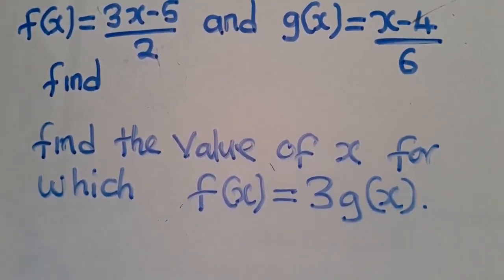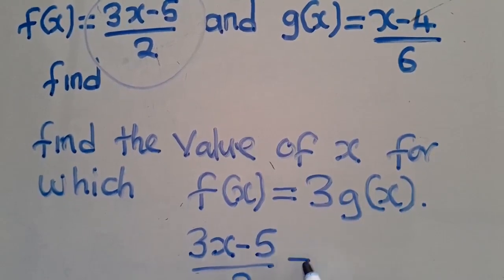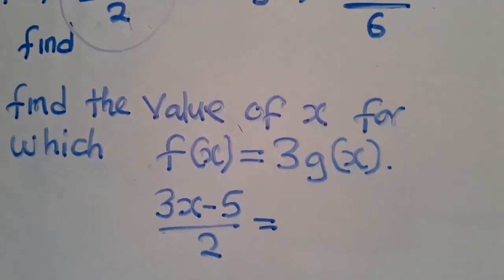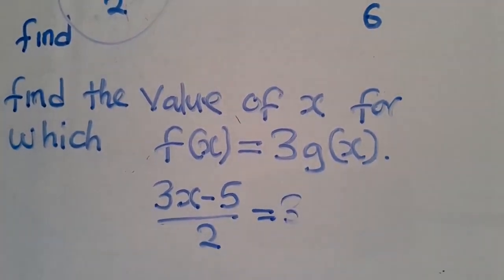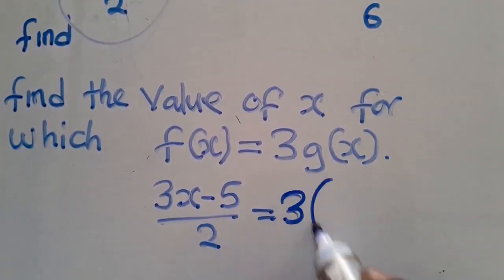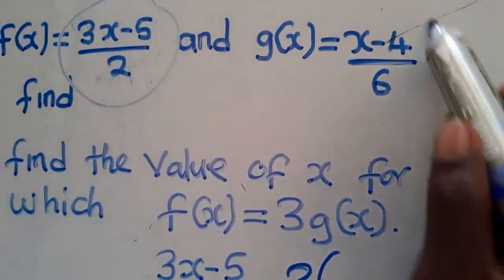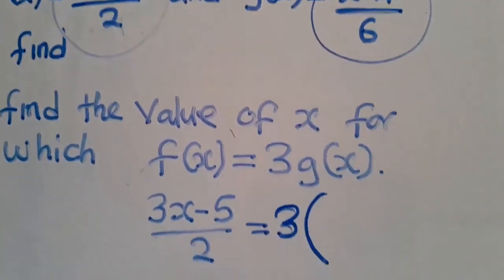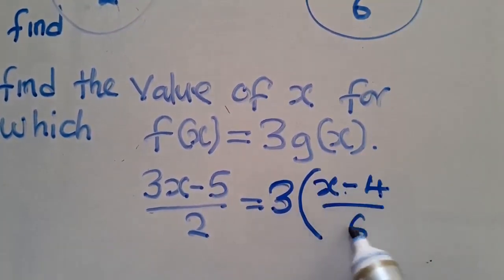That is f of x, so you put it here: 3x minus 5 over 2 is equal to, there is a 3, you put a 3 there. Then you open the bracket and put g of x. Where's g of x? g of x is here, x minus 4 over 6.